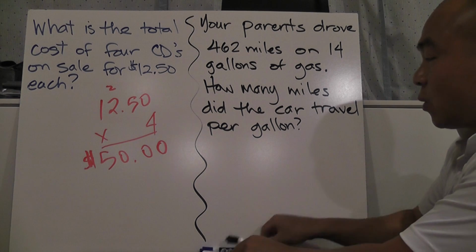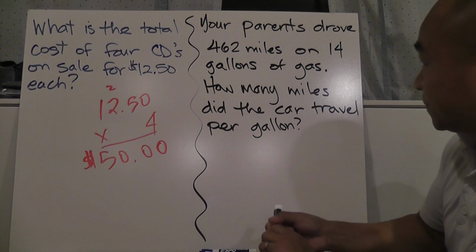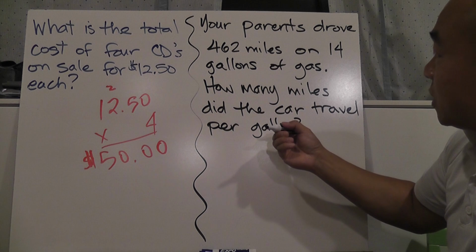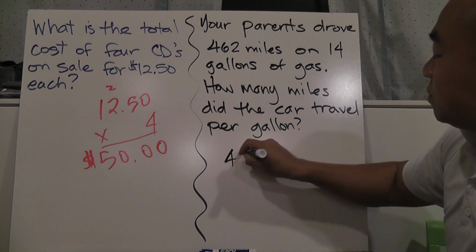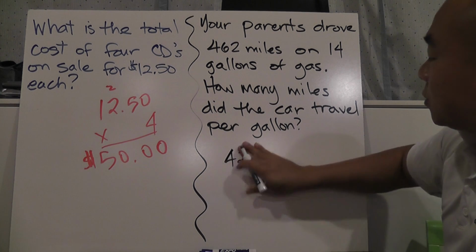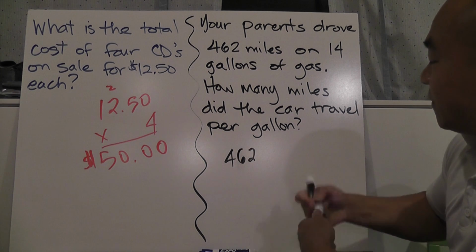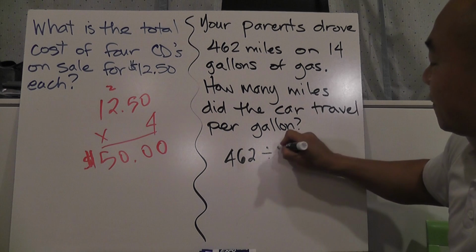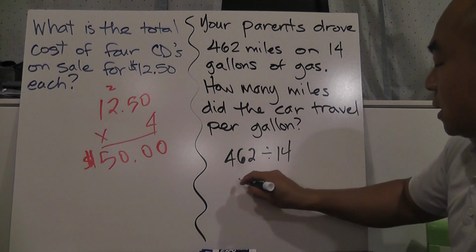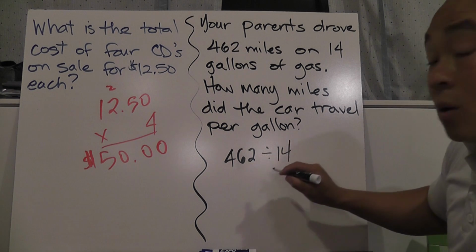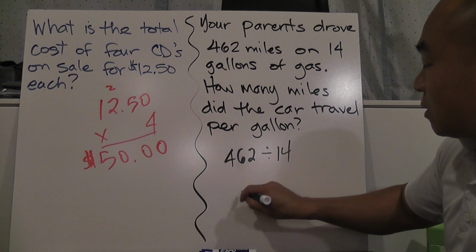So this question is a division question. All we're going to do here is take 462 and divide this by 14. Let's go ahead and do some quick long division.